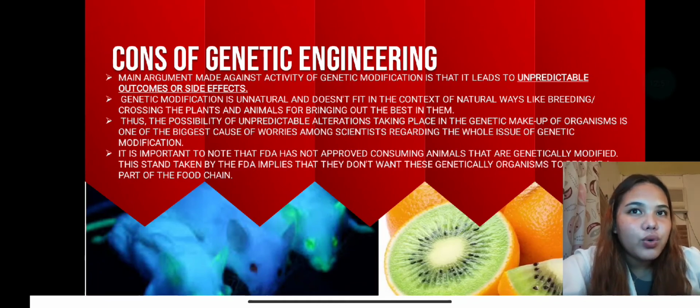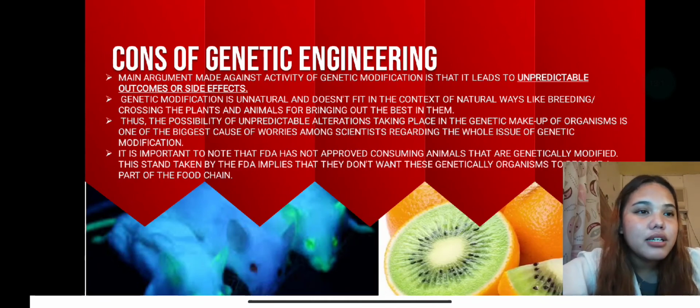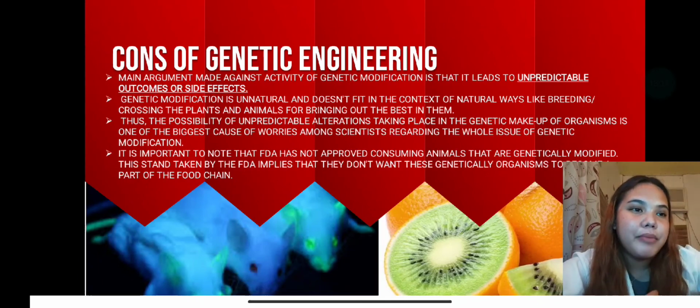They argue that because the disease is caused by the mutations in DNA, it is dangerous to introduce new genes into the body. 'Di ba? Risky kaayo ang process kag inana, mag-modify kag organism.